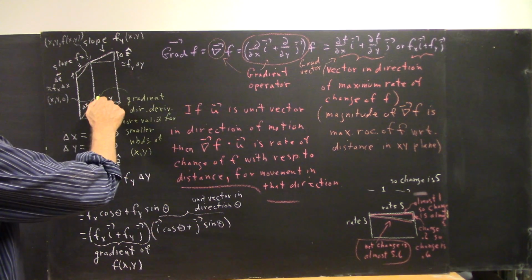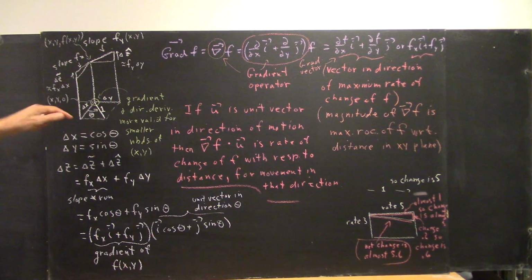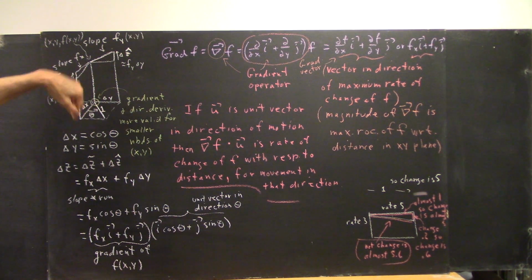So I've kind of drawn a smaller neighborhood with a point (x, y) down here in the plane. I should have drawn it more like an ellipse to indicate that it's in the plane, but we get that idea, and we'll work this out.